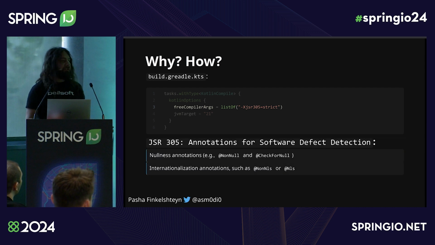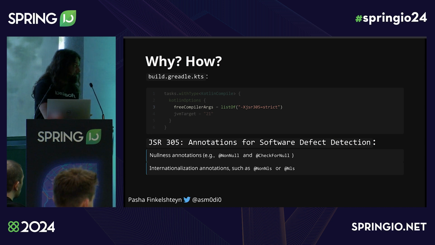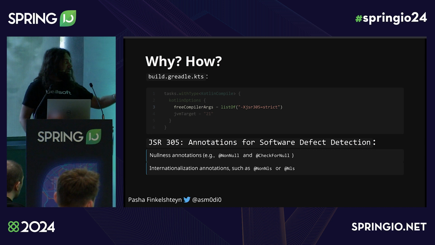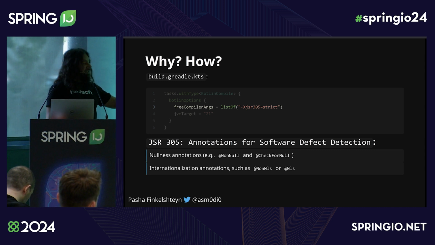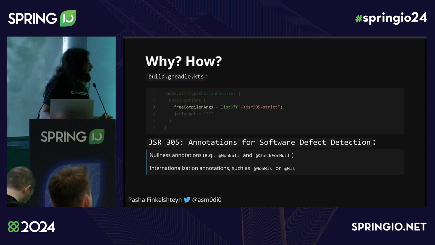What does it mean? What is JSR 305? JSR 305 is an annotation for software defect detection. For us, what's important is that it checks non-null and check-for-null annotations. And Kotlin, when it compiles your code with this argument, adds a non-null annotation to each non-nullable argument.